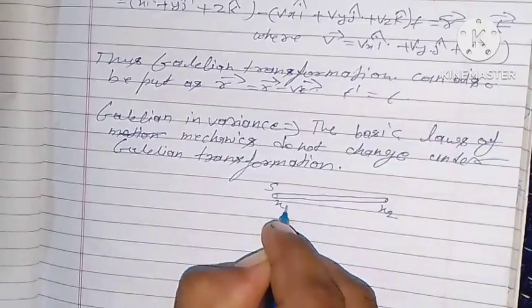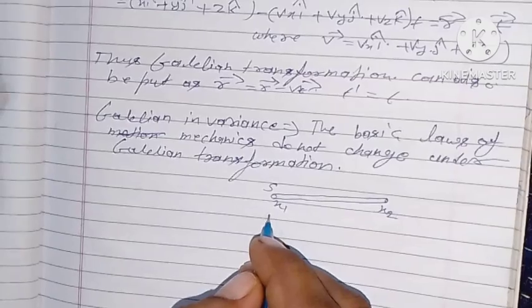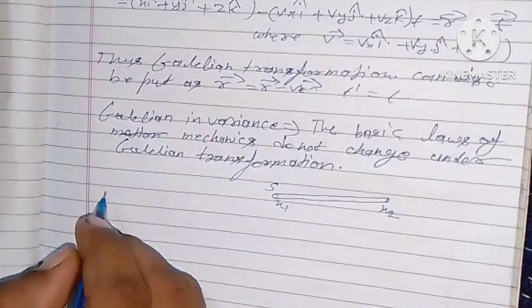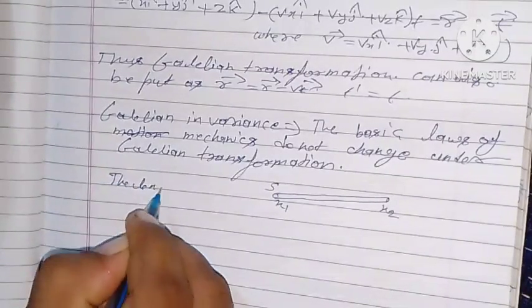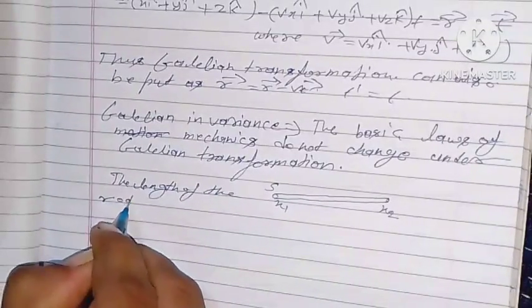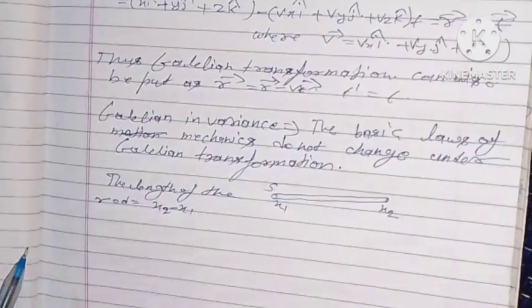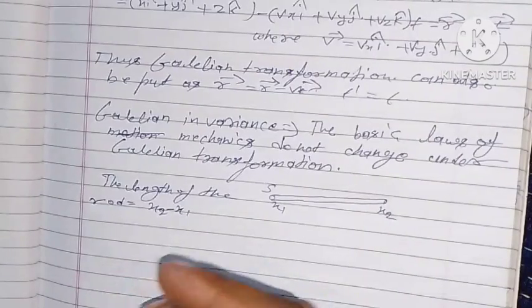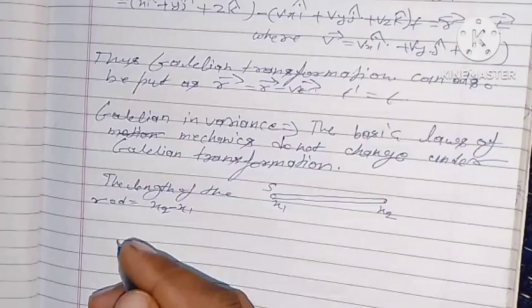Then for the observer S, the length of the rod equals x2 minus x1. The observer S dash will consider the rod to be moving with velocity minus v.